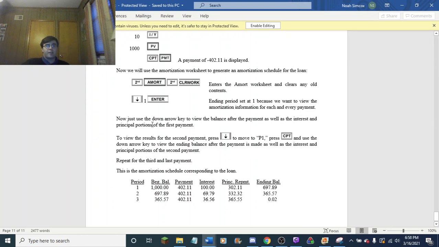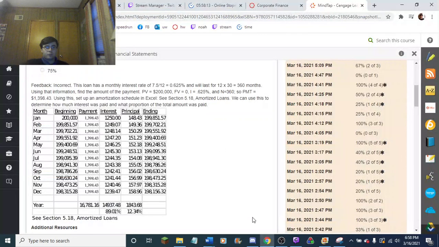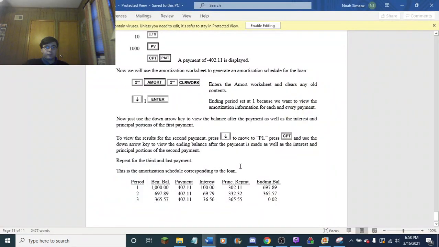Wait, hold on a sec. It says, use the down arrow key to view the ending balance after the payment is made, as well as the interest and the principal portions of the second payment. Wait, no? So you have to press compute every single time?